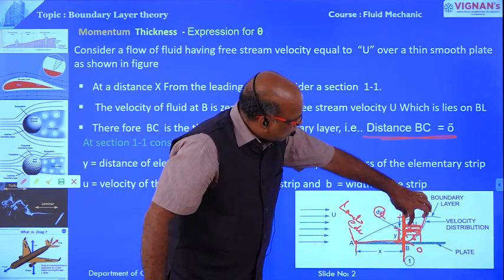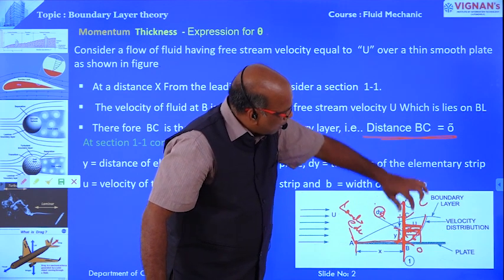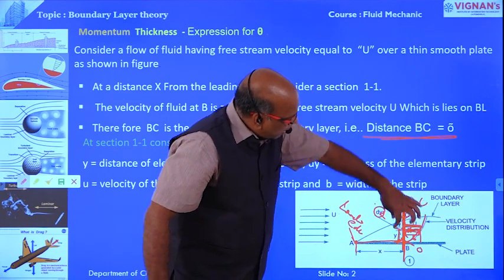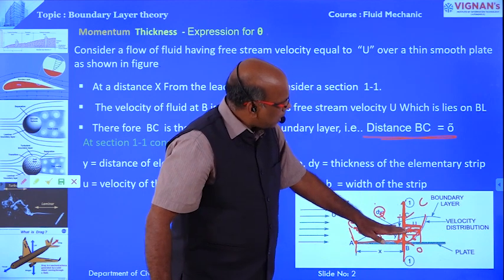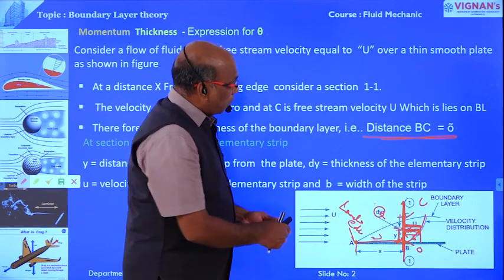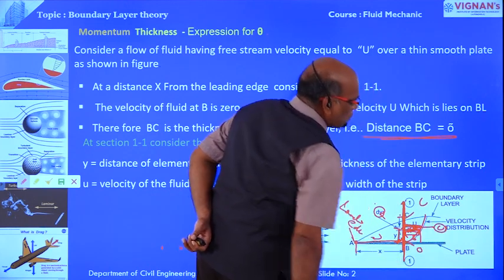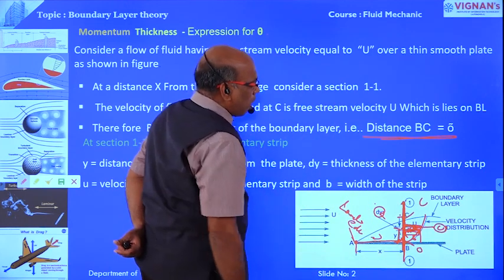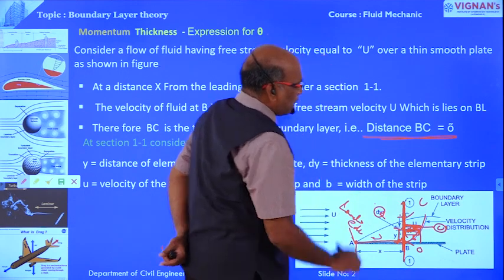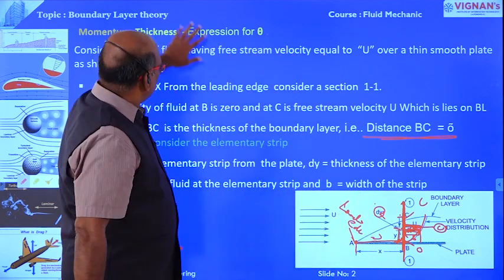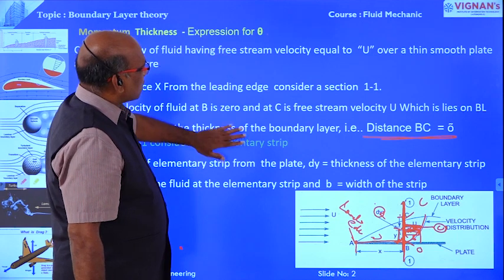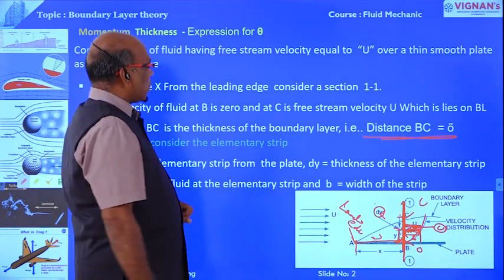The depth of the element is dy, the width of the element is b, and it is y distance from the boundary. The velocity over the strip is small u, and at C it is capital U. These are the different points taken into consideration using this diagram.